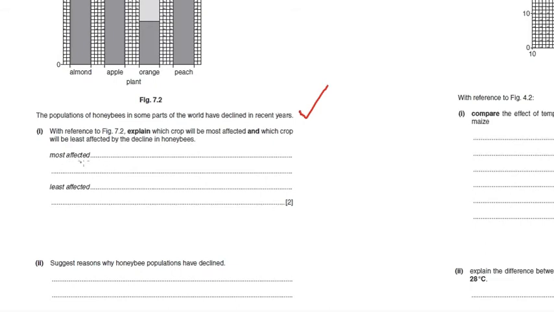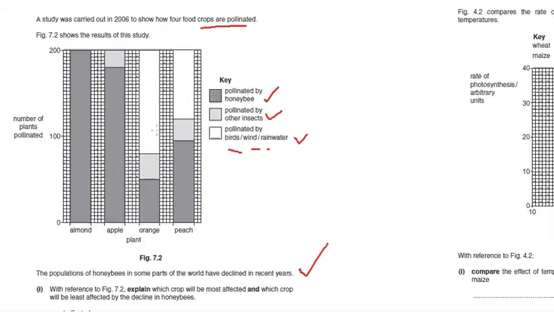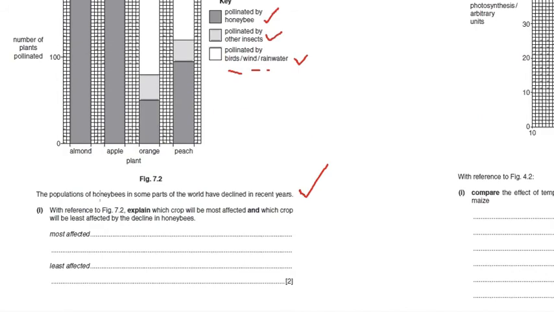This is a simple question. Most affected will be almond, because the number of almond plants pollinated by honeybee is the highest, and least affected will be oranges, because the number of orange plants pollinated by honeybee is the least. The orange plant is mostly pollinated by birds, wind and rainwater.